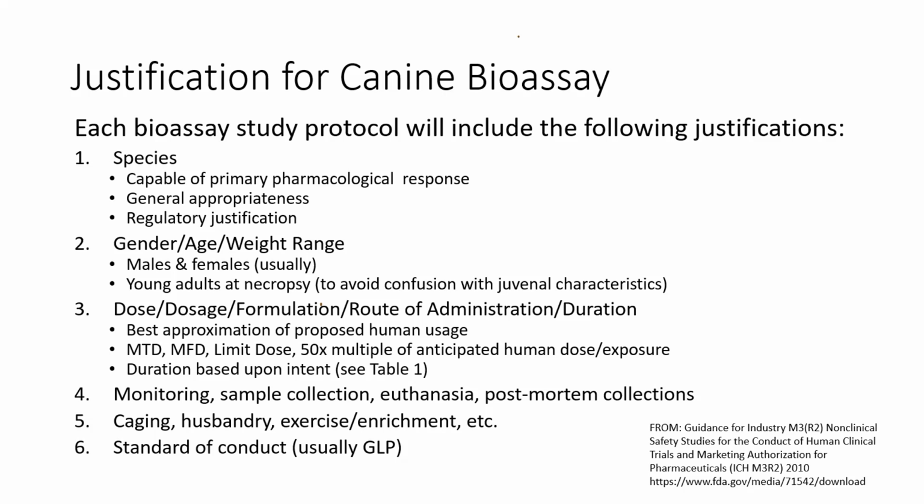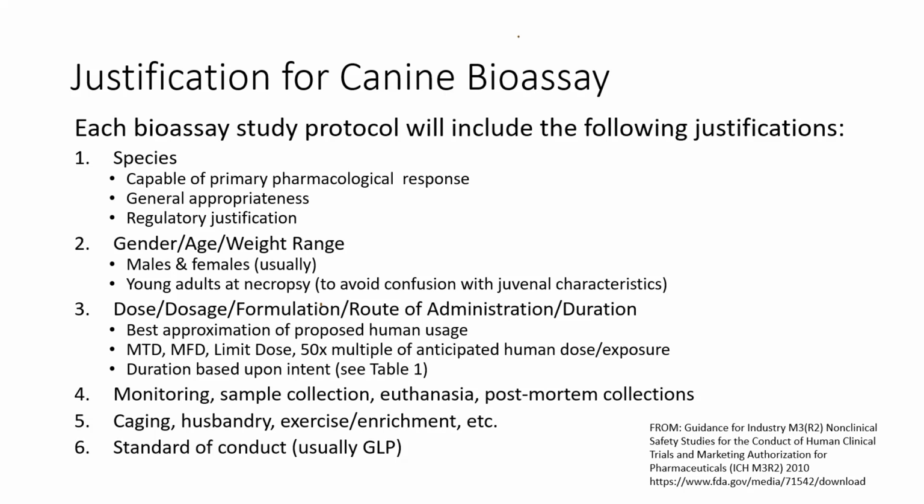There will be a justification for the dose, the formulation, the route of administration, and as you saw before, the duration. The route of administration will be the best approximation of the proposed human usage.